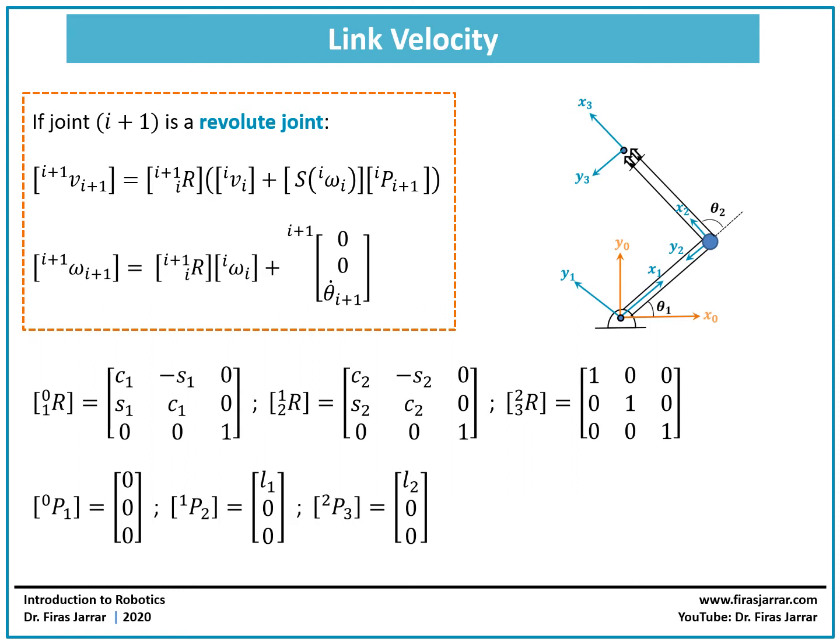Here we have the formulas that we need to apply. We have the rotation matrices, the ones that we extracted from the transformation matrices, and we have also the position vectors for all of the three frames.